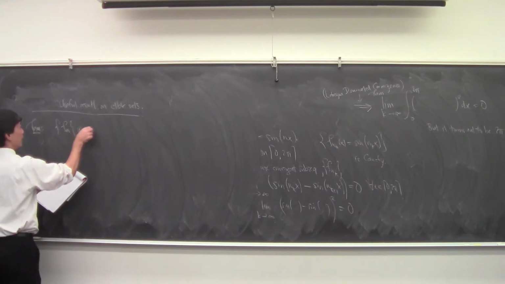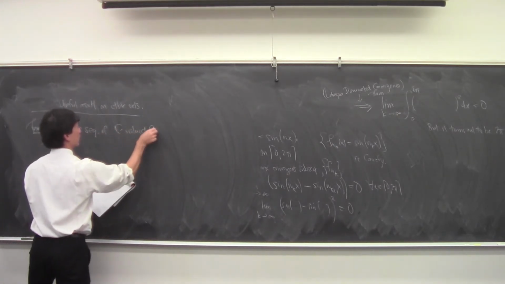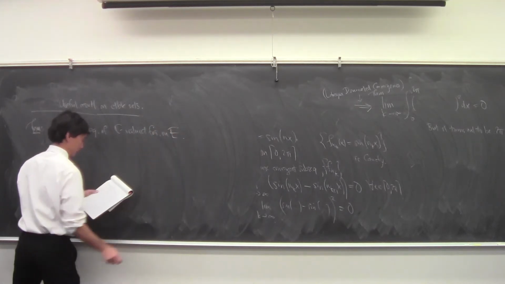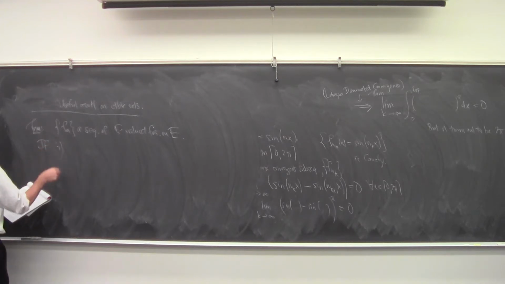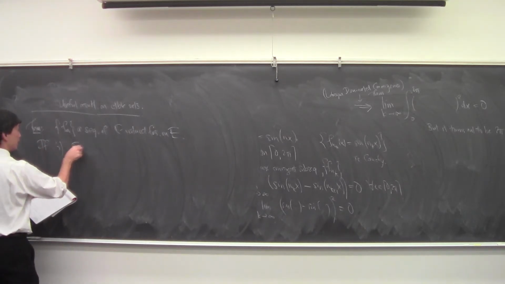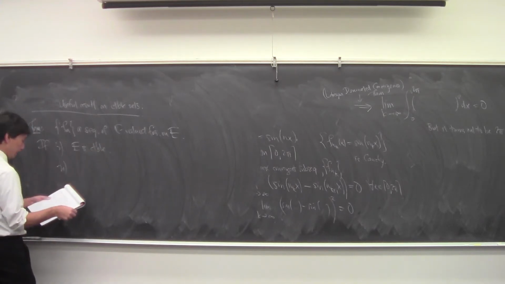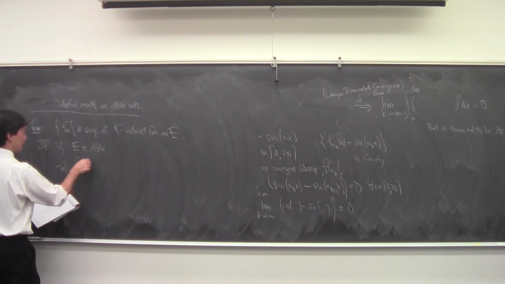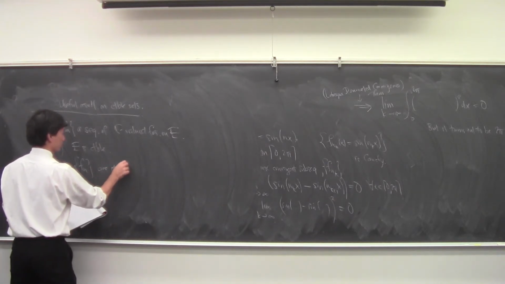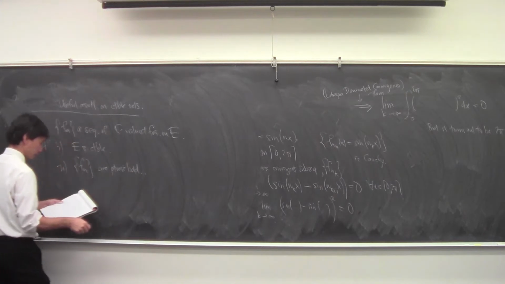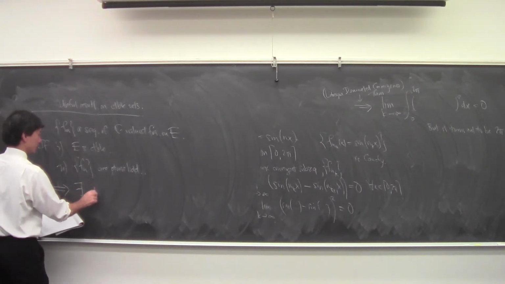Suppose you have a sequence of complex valued functions Fn on E. If you know that E is countable, and you know that the Fn are pointwise bounded, then you're guaranteed a pointwise convergent subsequence.